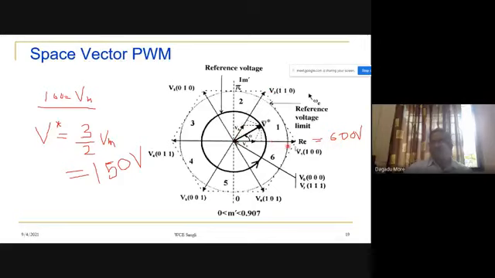So in sector 1, to make a V star at a particular angle, I have to obtain the V star from 4 switching states of the inverter. What are these 4 switching states? One is V1, one is V2, V0 and V7.